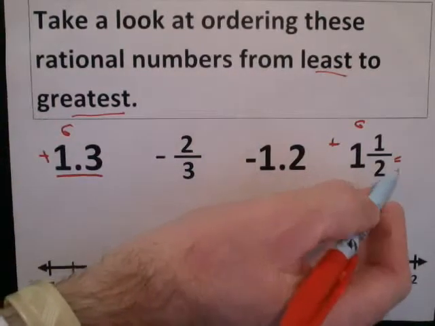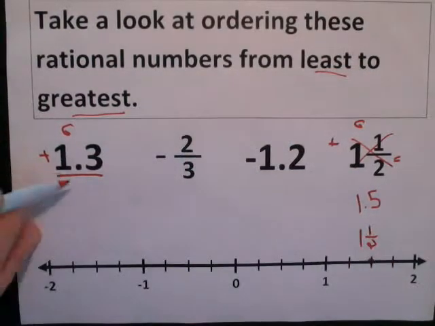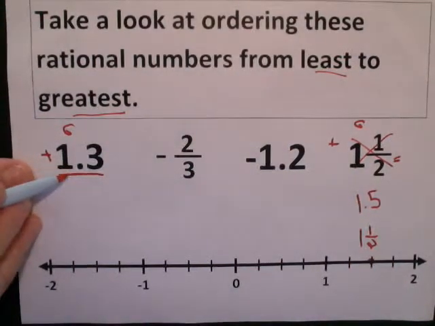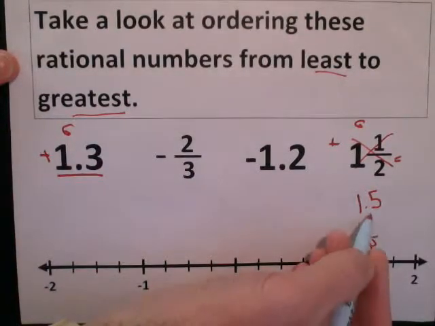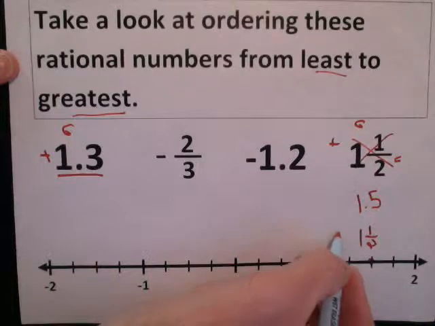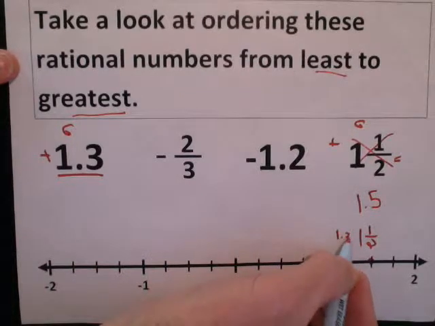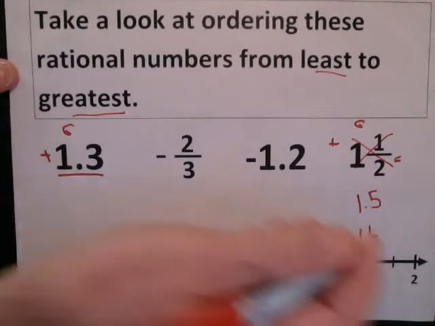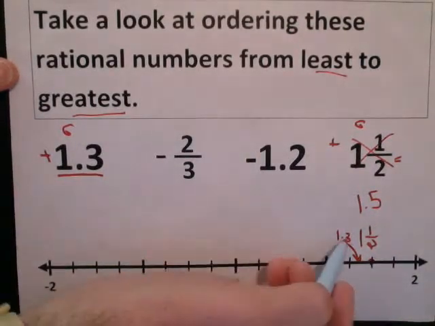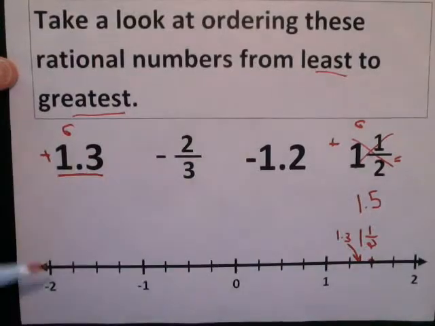So now we know that this is greater than this positive number because this is 1 3/10. 1 3/10 is certainly less than 1 5/10. So a positive 1 3/10 will probably land somewhere about here on our number line. So we now know the order of those two greater numbers.